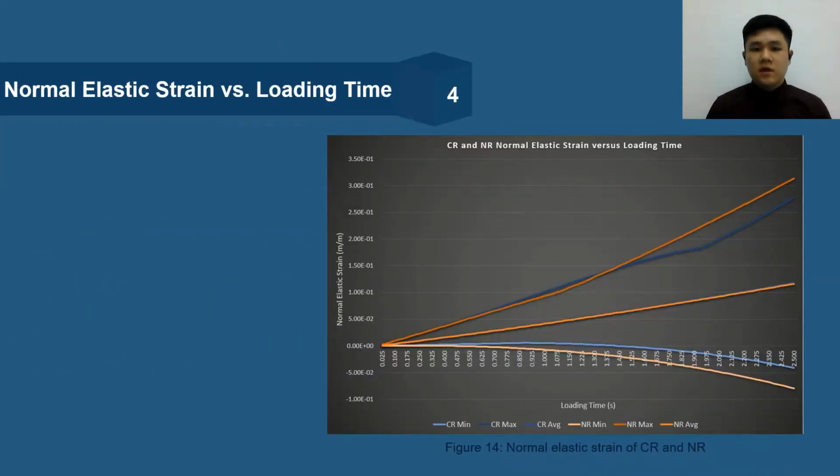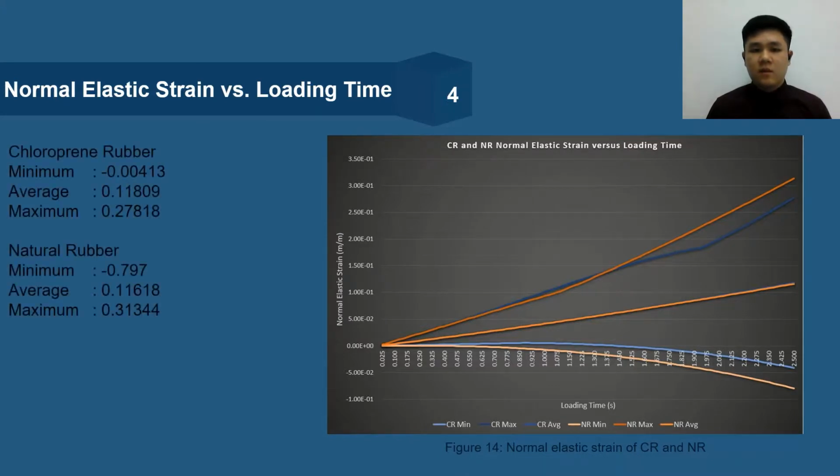This is the graph of normal elastic strain versus loading time. According to the result as shown in Figure 14, NR has the higher minimum and maximum normal elastic strain value than CR, but CR has a slightly higher average normal elastic strain value than NR.